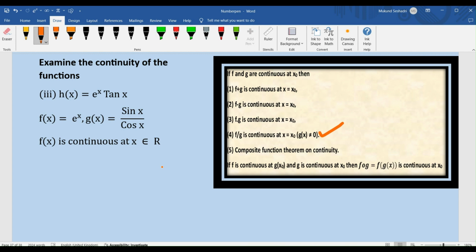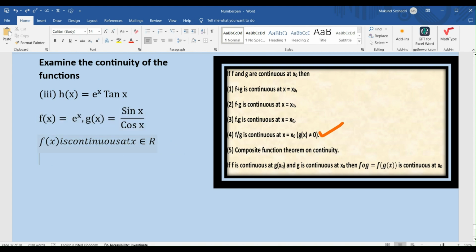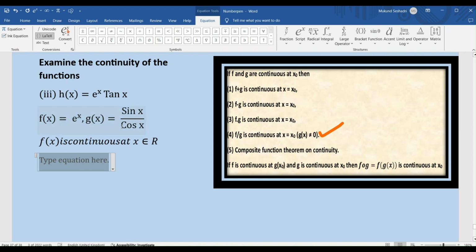And so when I represent tan x as sine of x by cos of x, whenever cos of x, which is in the denominator, takes a value 0, then this function tan of x, which is nothing but my g of x in this case, is discontinuous when cos of x equals 0.